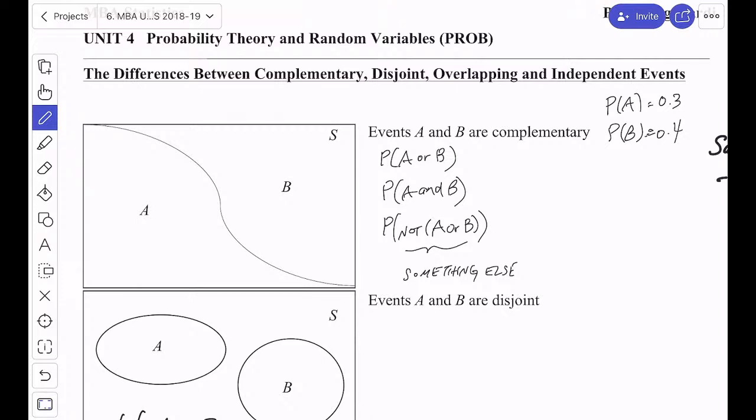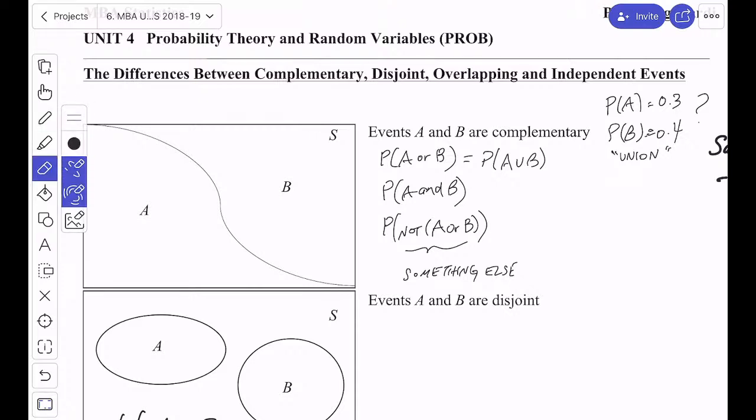So let's look at the first one. Now the first one, some people will remember that this is written as probability A or B from taking this in other classes or seeing the symbols. A union, U for union, B. So what's the chance of either A or B happening?